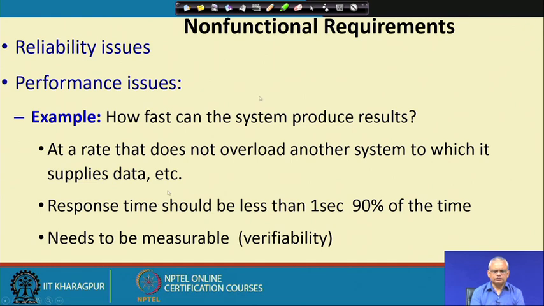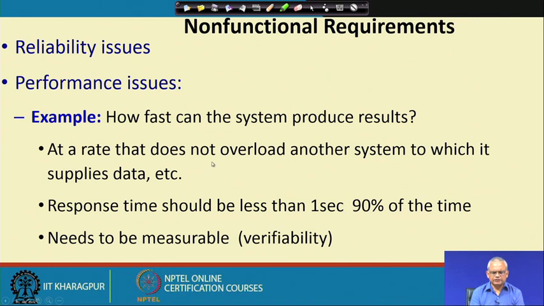It can also include reliability issues, that it should not fail frequently, and if it fails, it should be able to recover the data quickly. Non-functional requirements can also contain performance issues, for example, how fast the system should produce results.